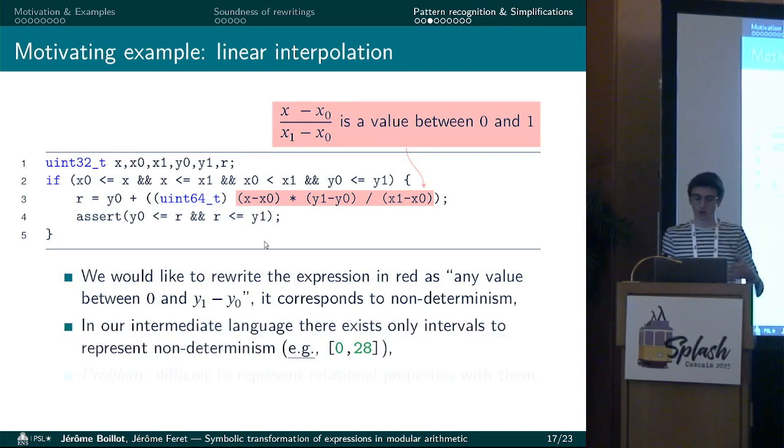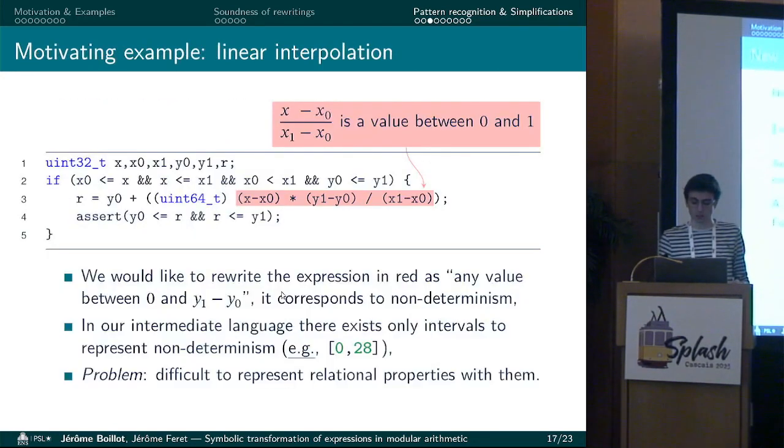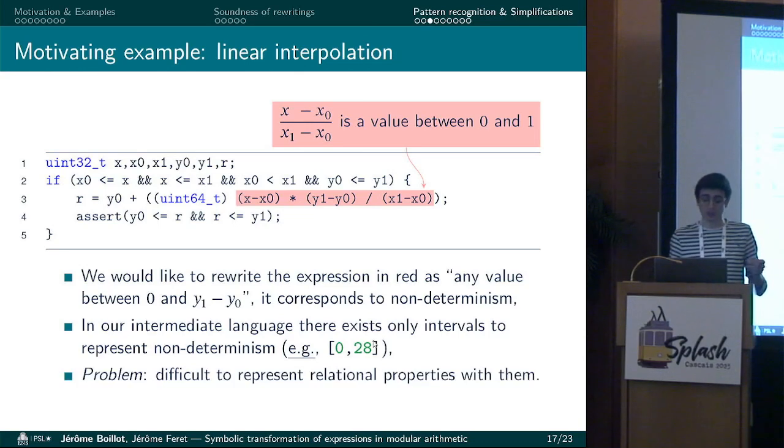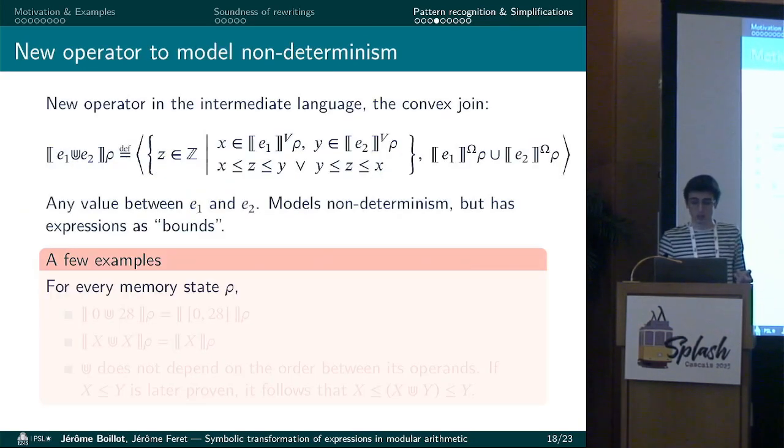And this corresponds to non-determinism. In our intermediate language, there currently exist only intervals to represent non-determinism. So for example, 0 to 28 is just any value between 0 and 28. The problem is that it's difficult to represent relational properties with them. So we will introduce a new operator to model non-determinism, the convex join.